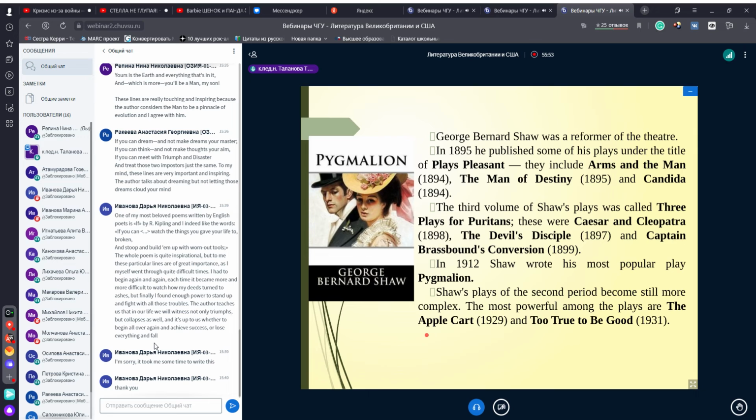For example, in The Apple Cart, the author touched upon the theme of the rivalry between the United States and England in the political arena. In Too True to Be Good, the author focused on the decay of the bourgeois system.